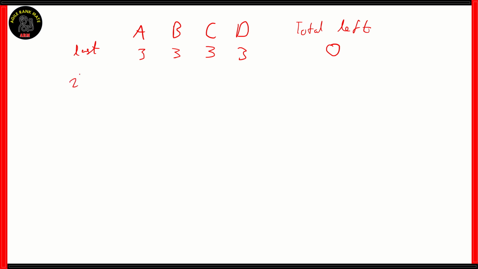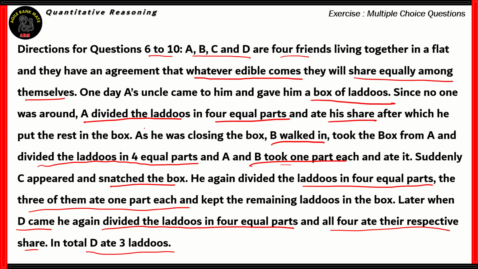Now, when we look at the second last scenario, we realize that when C divided it into 4 equal parts, A, B, and C ate each part, and the remaining part was equal to the 12 that D came and divided in the last case.